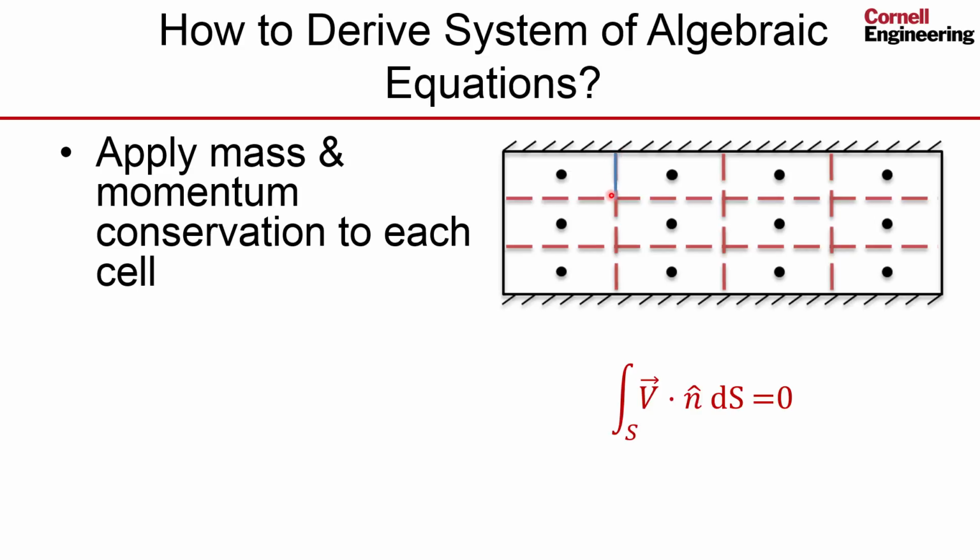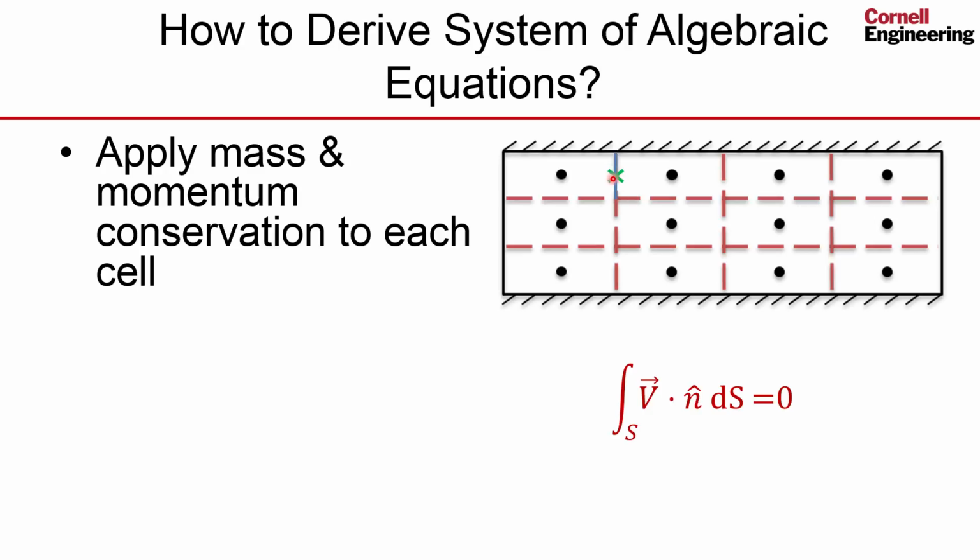Now I need to know what the velocity is over there to figure out what is the volume of flow going out. I'll assume that the velocity along this segment of the control surface is constant and is equal to the value at the midpoint. Okay, so I'm doing averaging here, and I'm introducing an error in the process.